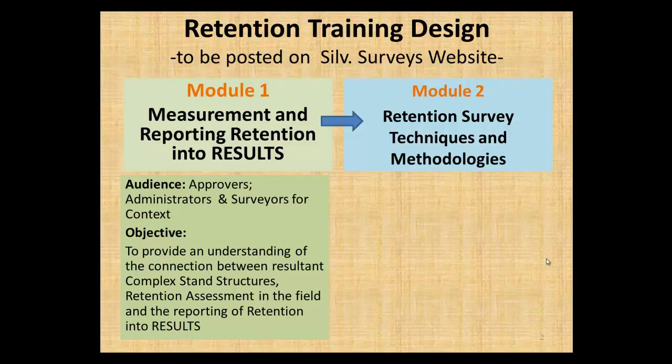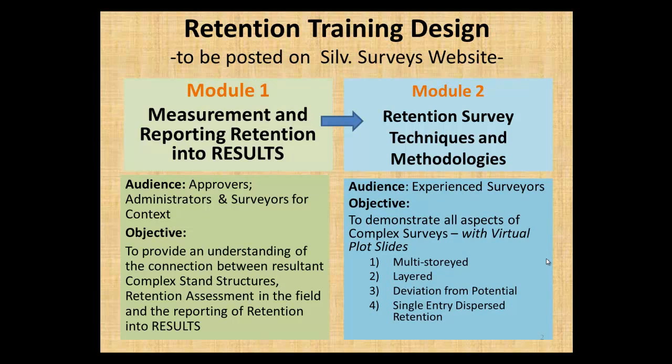And the whole idea here is to provide some understanding of the connection between the complex stand structures that are resulting from treatments and planned treatments, or that we ended up inheriting. How do we assess those in the field, and then ultimately how does it get reported into results using the retention guidebook?